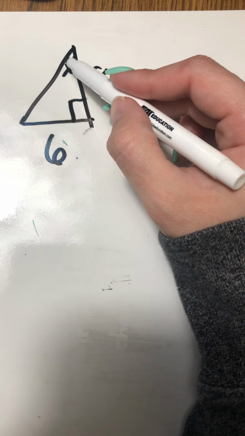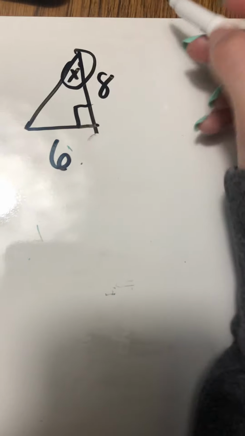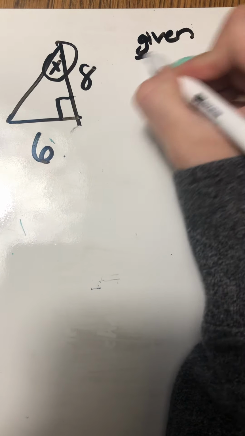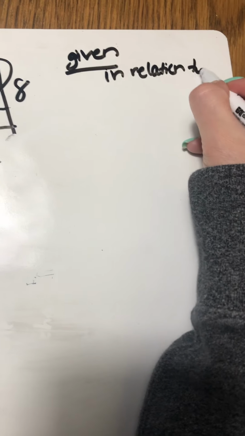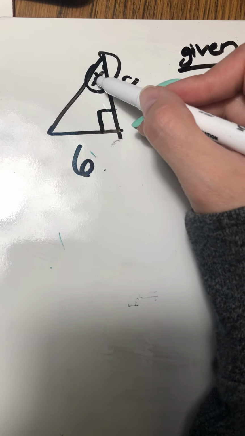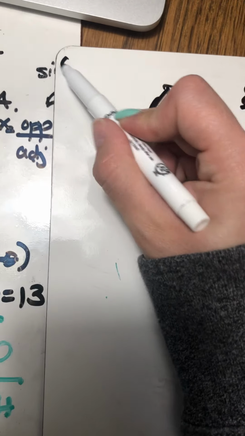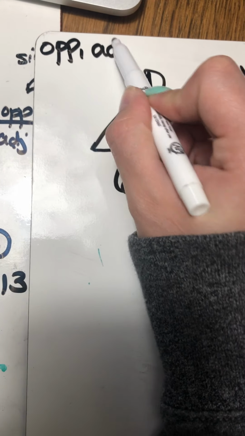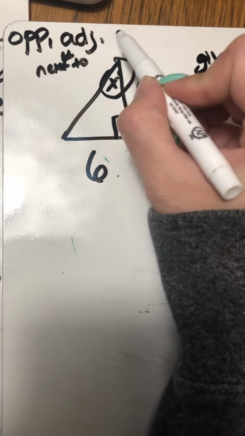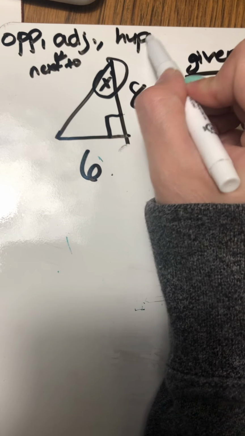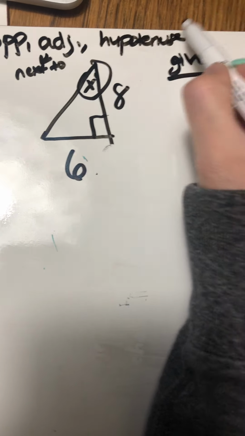So again, I look at my x, what is given to me? What is given in relation to x? So in relation to x, my options are opposite, adjacent, which also means next to, and hypotenuse, which is the longest one.